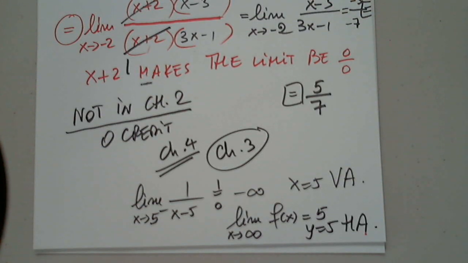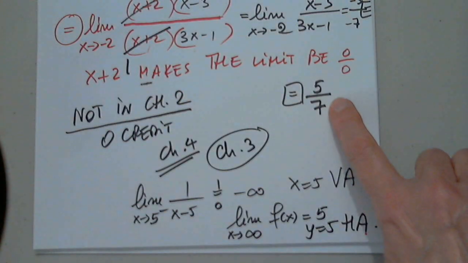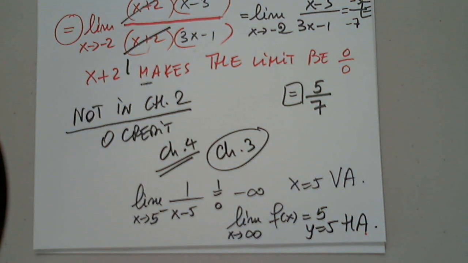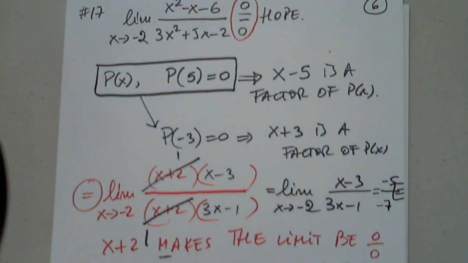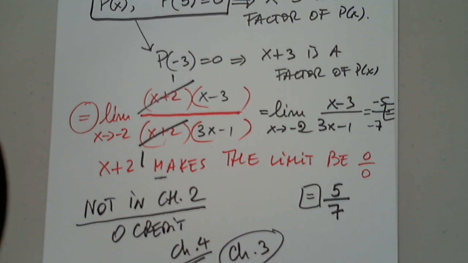I know that you're approaching 5/7 from either side, but I'm trying to visualize it as if it was on a graph. Yes, it approaches 5 over 7 from either side when x approaches -2. That's correct.